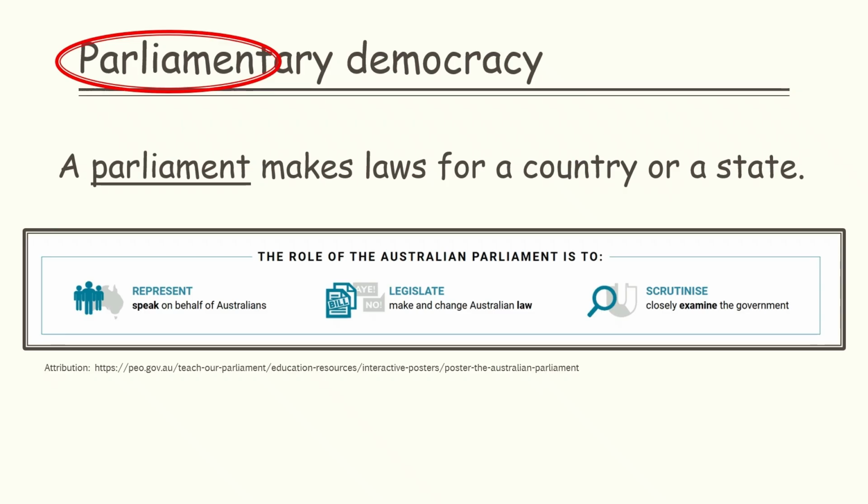Parliamentary comes from the word parliament. A parliament makes laws for a country or a state. The role of the Australian Parliament is to represent, to speak on behalf of Australians, legislate, to make and change Australian law, and scrutinize, to closely examine the government.